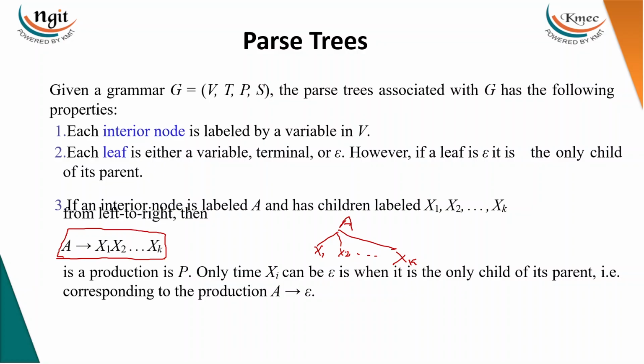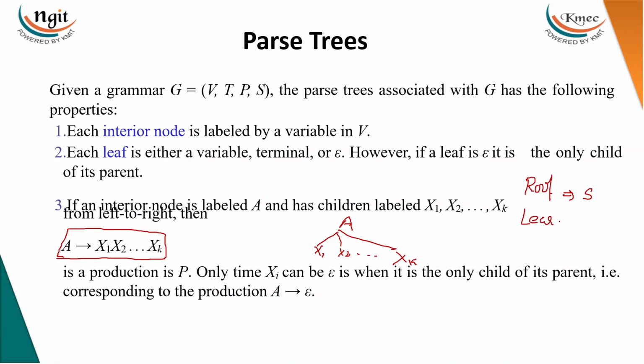All the non-terminals act as internal nodes because a non-terminal has something to substitute. The root node must be the starting symbol of the grammar, because we start construction of the parse tree from the starting symbol.